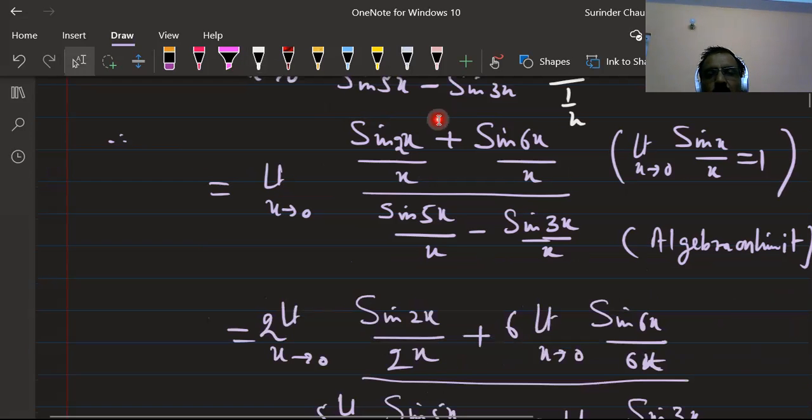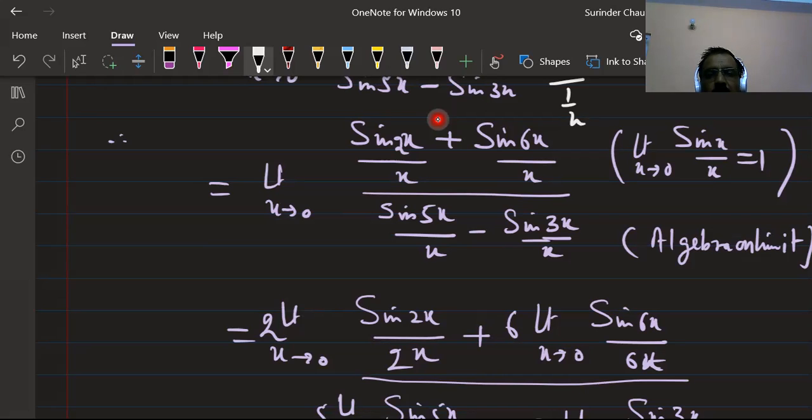Now, in order to convert to sin x upon x, we use the algebra of limits: the limit of a quotient, the limit of a sum, and the limit of a difference.